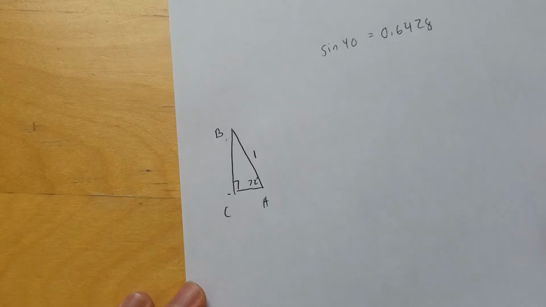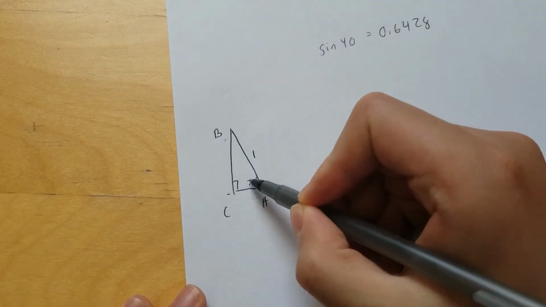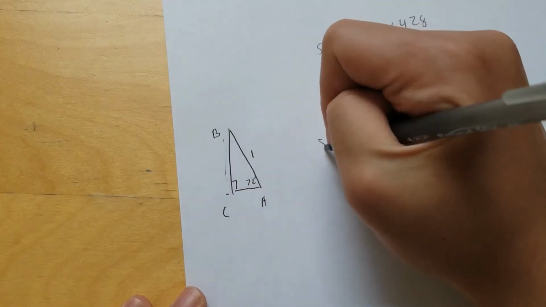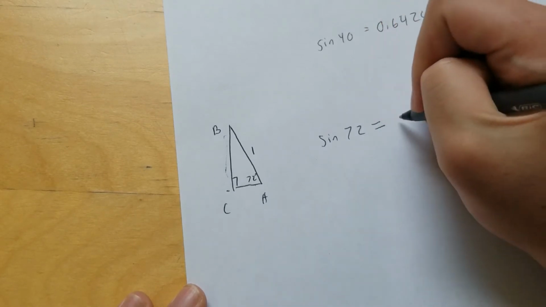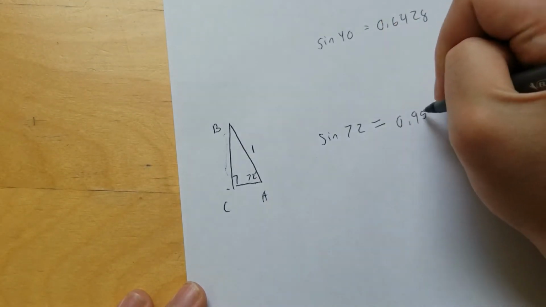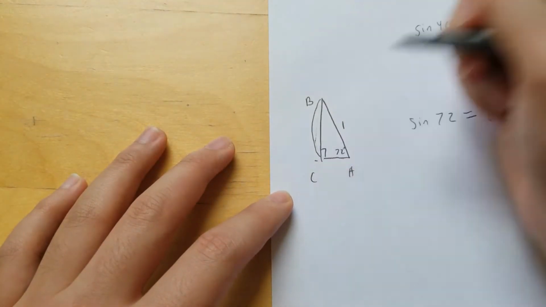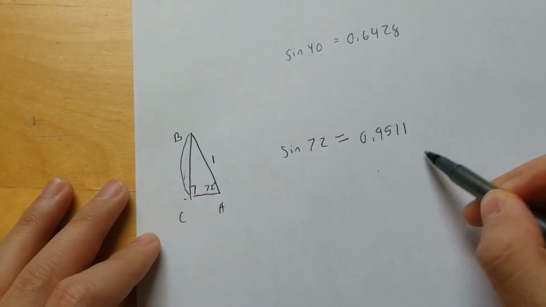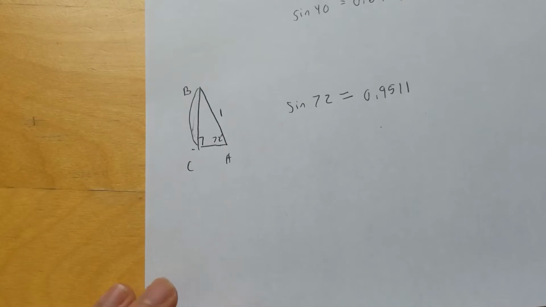The length of side BC, as we did before, would be sine of 72, and that would be the opposite. So sine 72 equals around 0.9511. Once again, this means that side BC is 0.9511 units long.